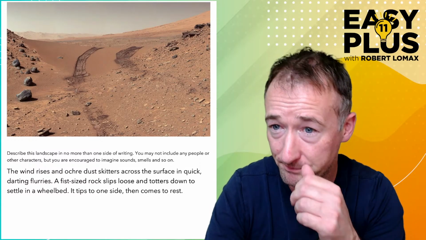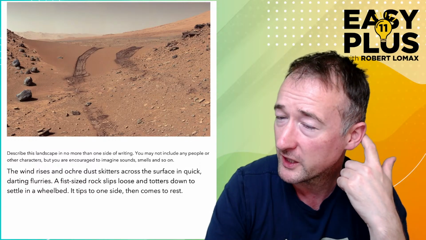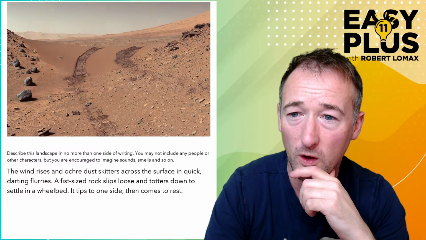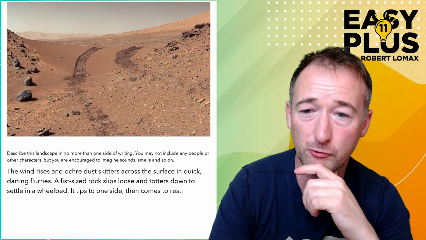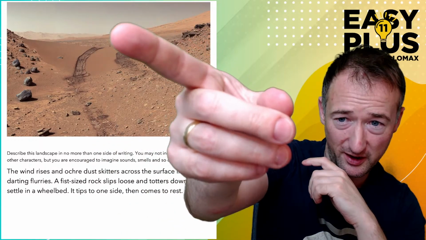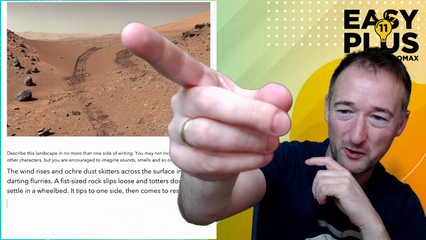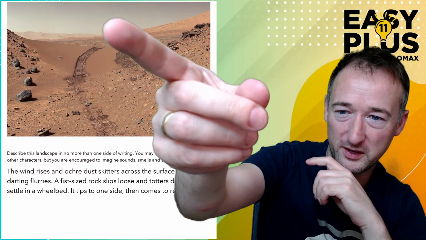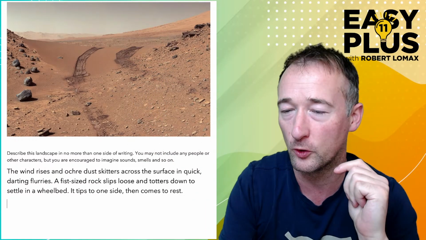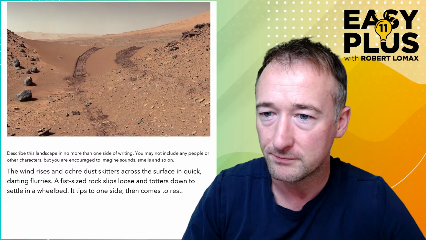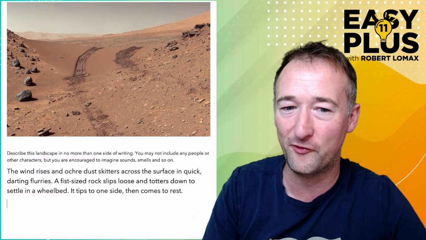And looking for characters that you can make out of a landscape is a very useful trick for making it interesting. Which character am I going to move on to now? Well, as I look at this photo, my eye is drawn towards the distance. Up there, look how huge my hand is. Up there, where the mountains are kind of obscured by a kind of fog, but there's not much in the way of water on Mars.